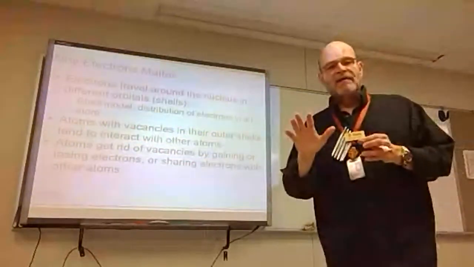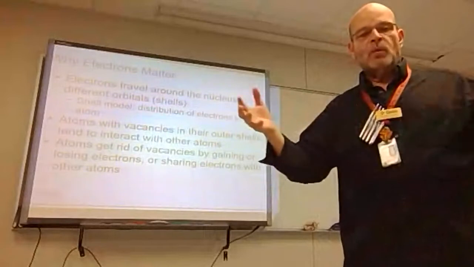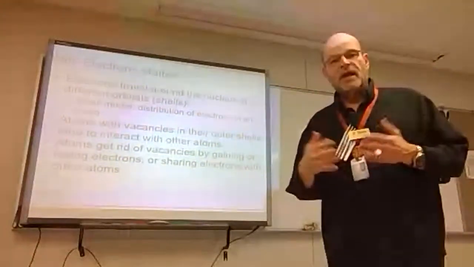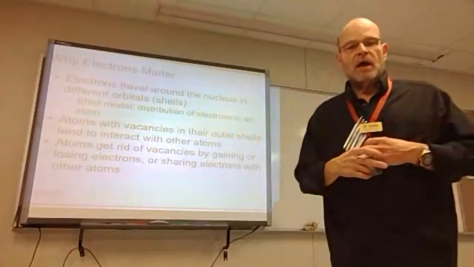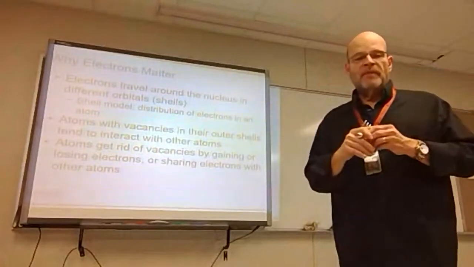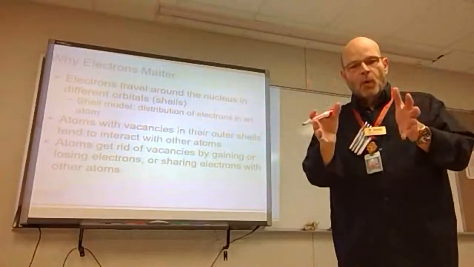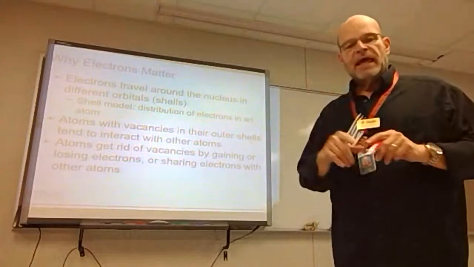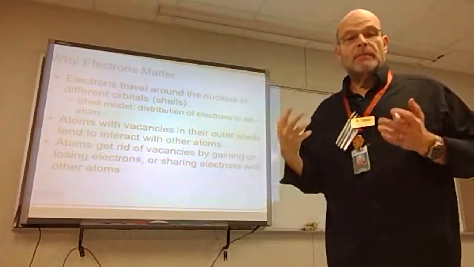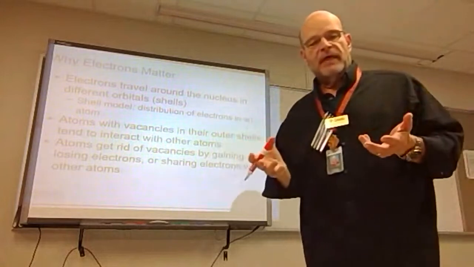If it has 5, 6, or 7, then it wants to gather up more, to make 8. So generally, when bonds form, they're going to form between one atom that wants to get rid of some electrons and another atom that wants to gather some up. And that's the way that bonds are going to form.